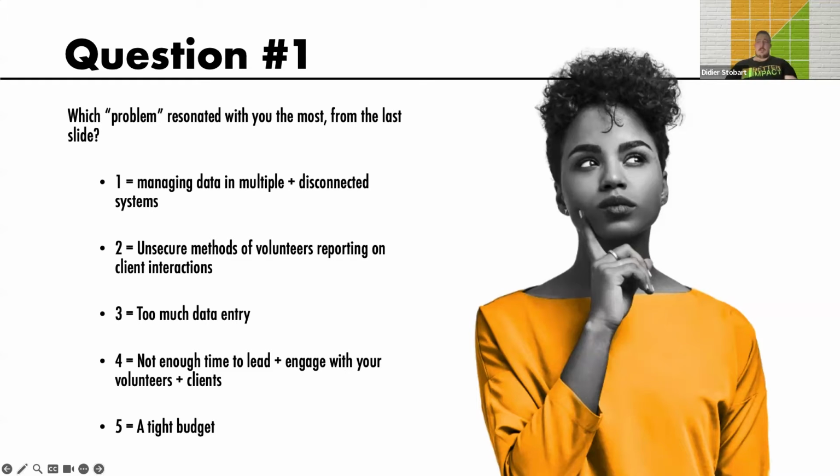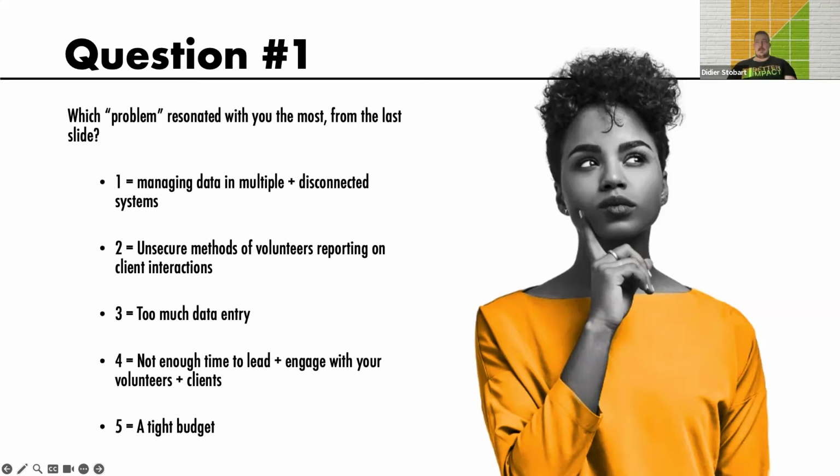Number 3 is too much data entry. Number 4, not enough time to lead and engage with your volunteers. And number 5 is a tight budget. So if you could just put a number in the chat, please. You can put multiple if you do have multiple issues. And then I'll read those out so everyone can get an idea of the problems we have there.